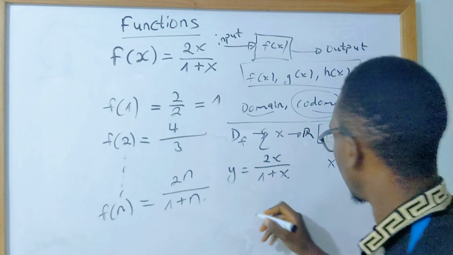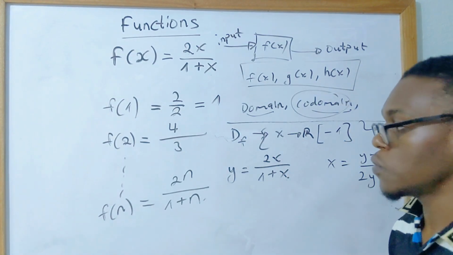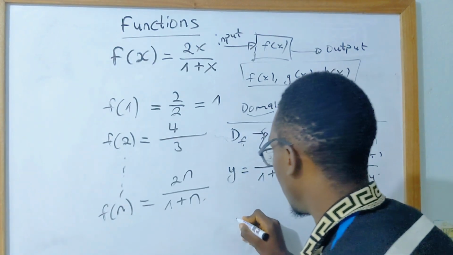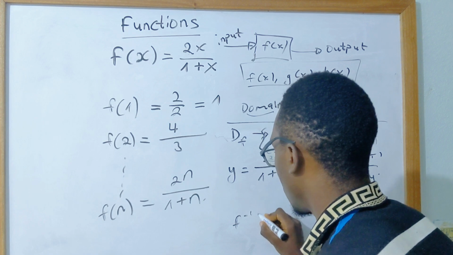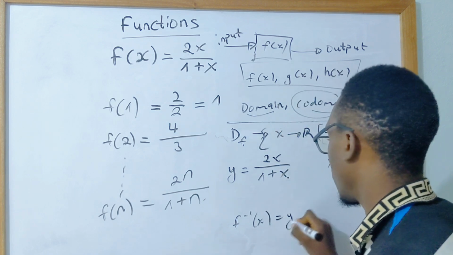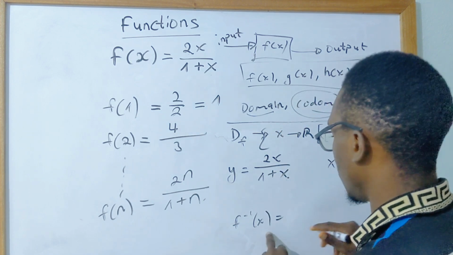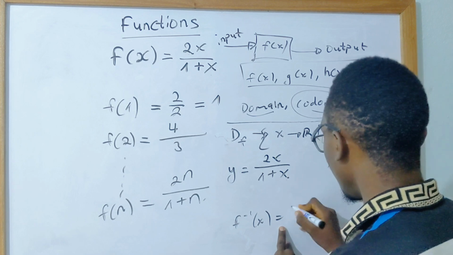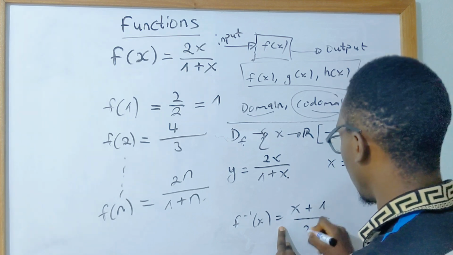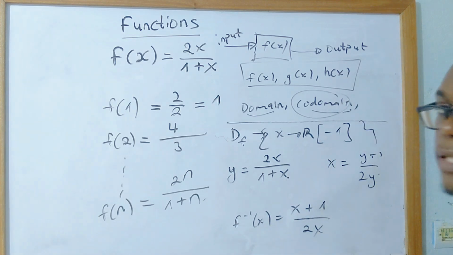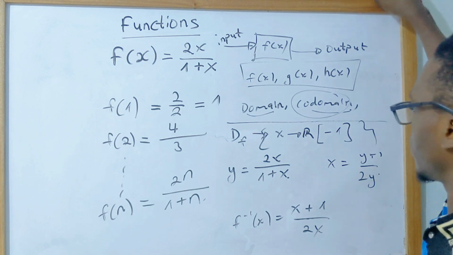Then you are like finding the inverse of the function. Therefore, f inverse of x is equals to y. f inverse of x is equals to what? You put it now in terms of x. So that will be something like this actually. Okay, let's do it.